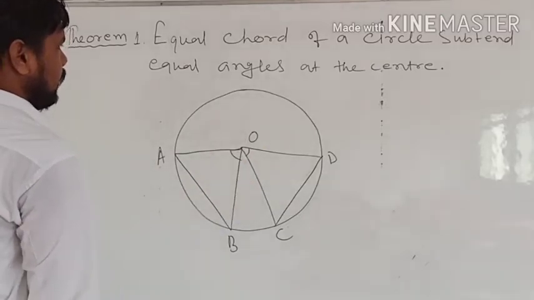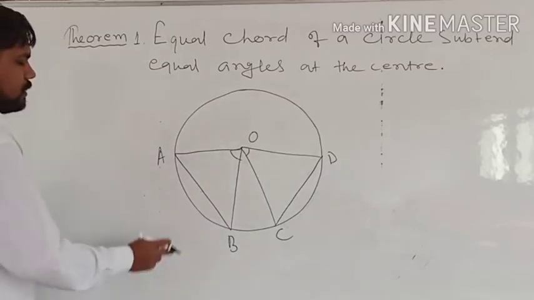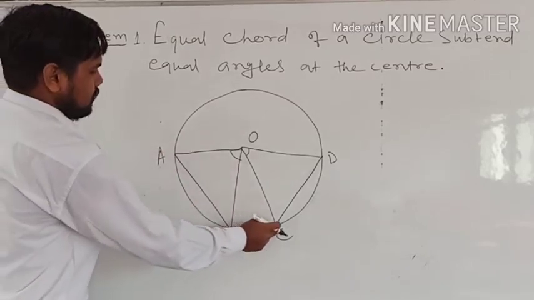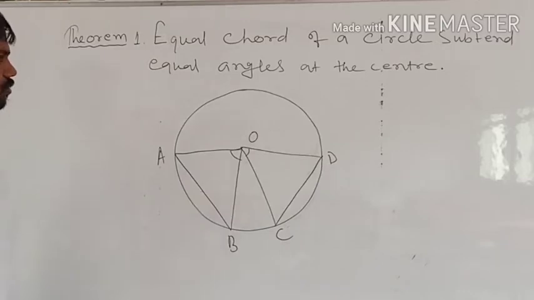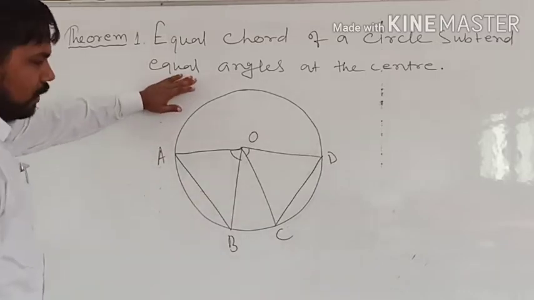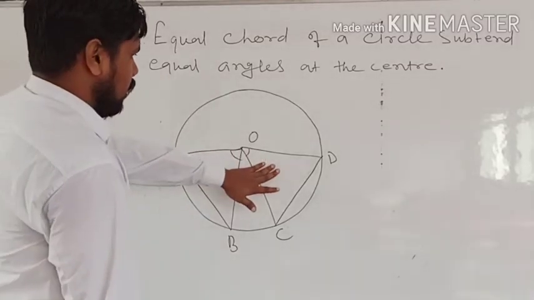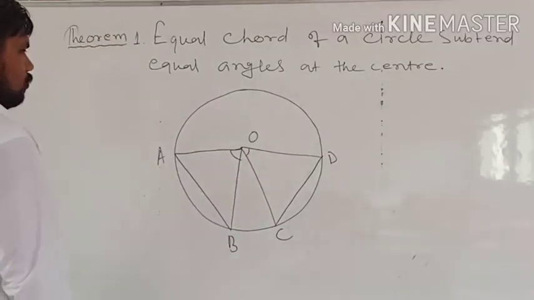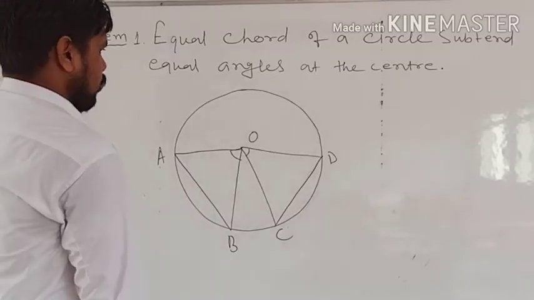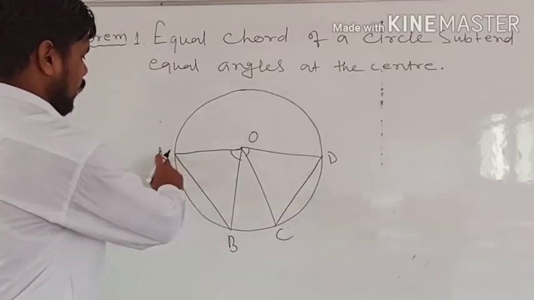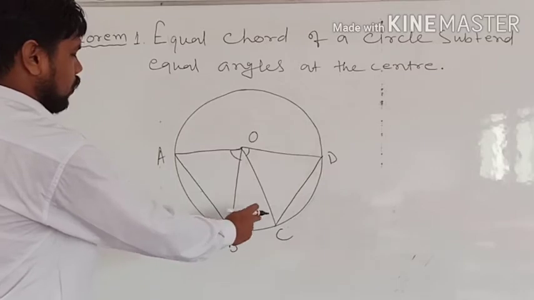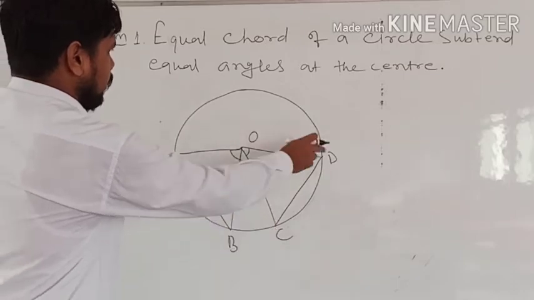AB and CD are the two equal chords, which is given in the question itself. Now we will prove on the basis of these two triangles. We want to prove that angle AOB is equal to angle COD.